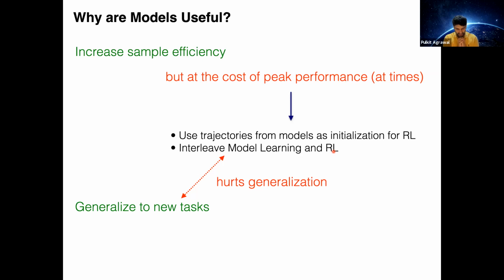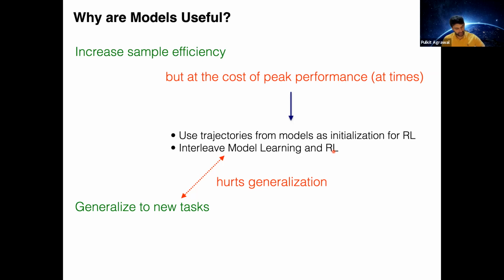There's another question: just to confirm, learned models hurt the peak performance that you would have got using model-based control? No, what I'm saying is, if you do model-free control and you're willing to throw in a lot of data, you get some performance. Or when you interleave model learning and RL together, you get some peak performance.